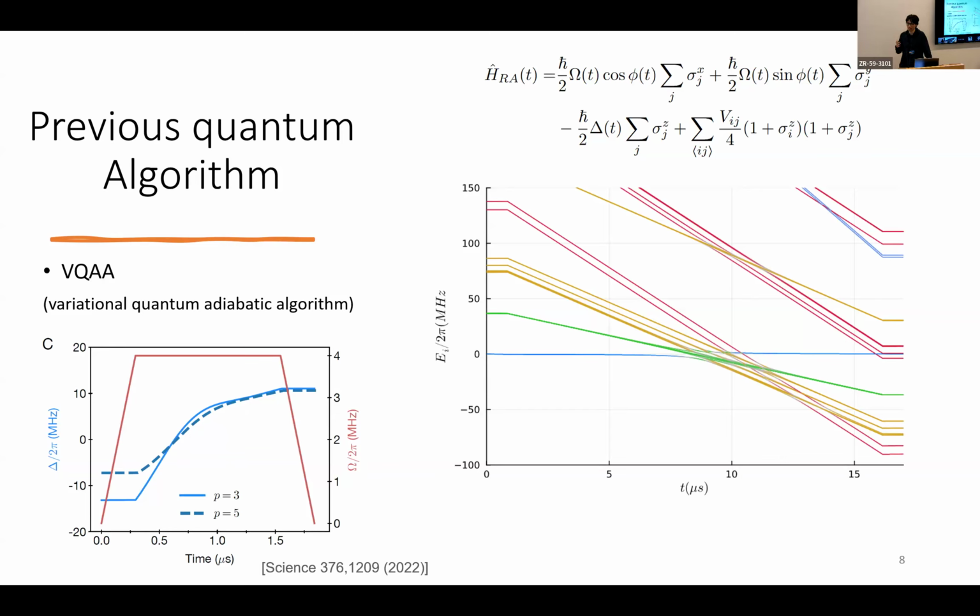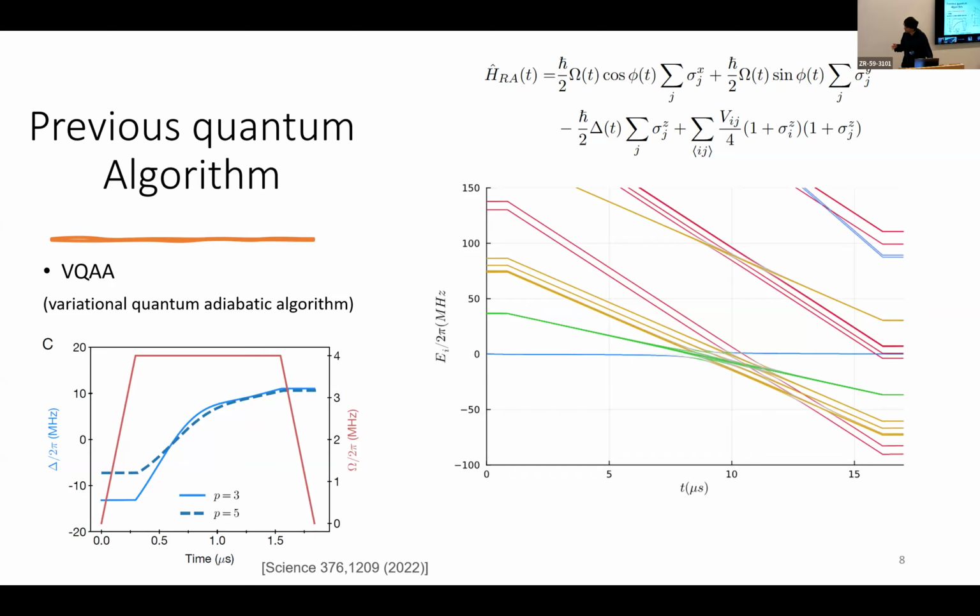In the middle, we have the freedom to tune the interactions, Rabi frequencies and detunings, so that we can find an optimal path that connects the initial ground state to the final ground state.